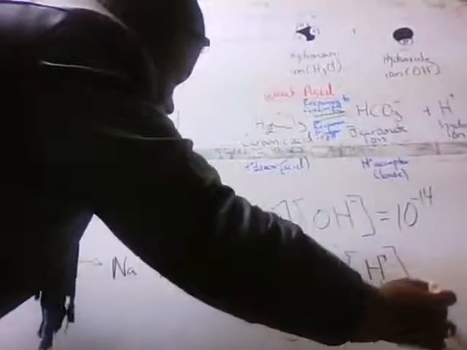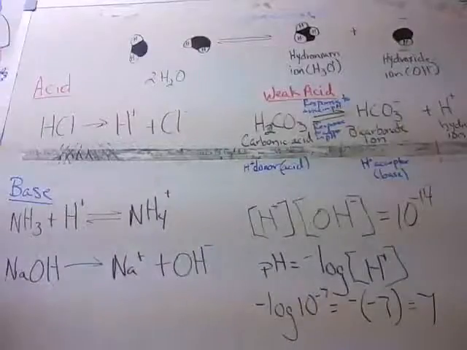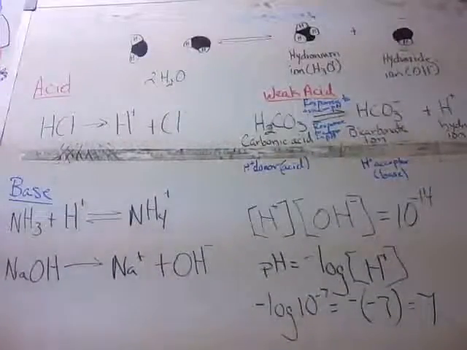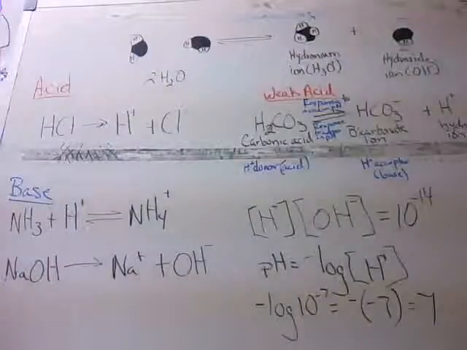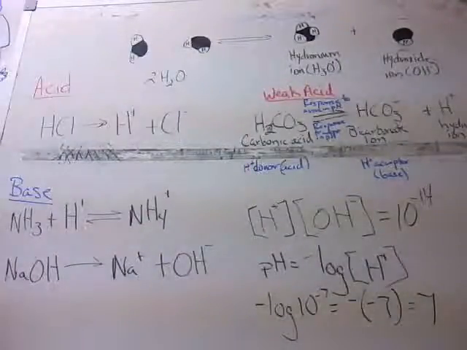And you know, a negative times a negative gives you a positive. So that is considered neutral when it's 7, which is what we know as water. Pure water at that.